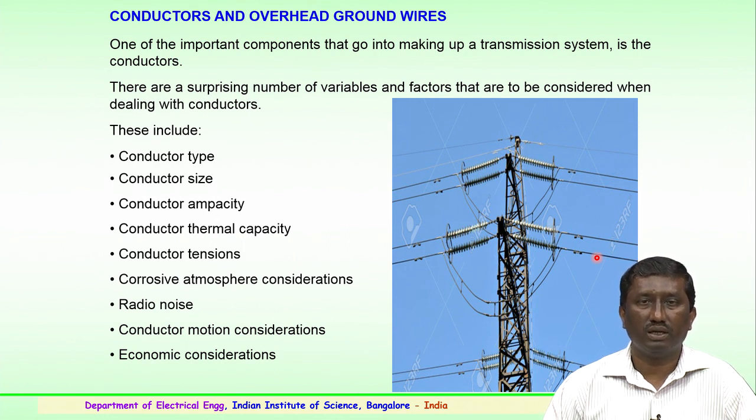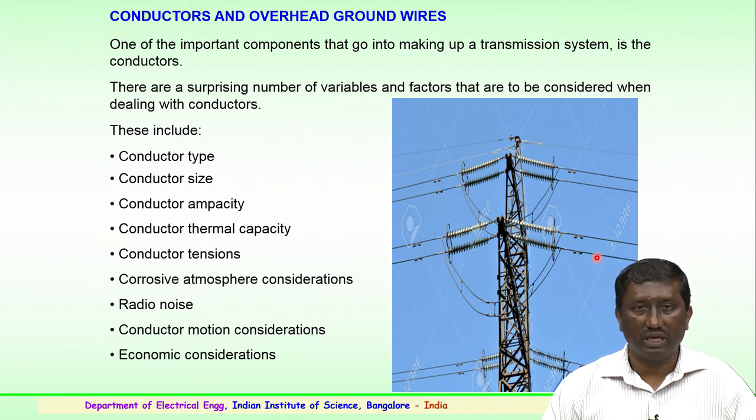The conductor thermal capability is the temperature up to which the conductor could normally withstand during the transfer of power. This thermal capability is very important, else the sag of the conductor increases if it is not thermally capable of handling the power. Then conductor tensions: the conductor should be able to operate in the tension or compression mode.